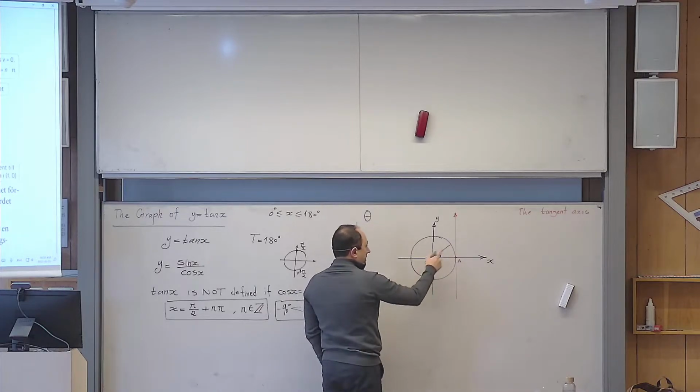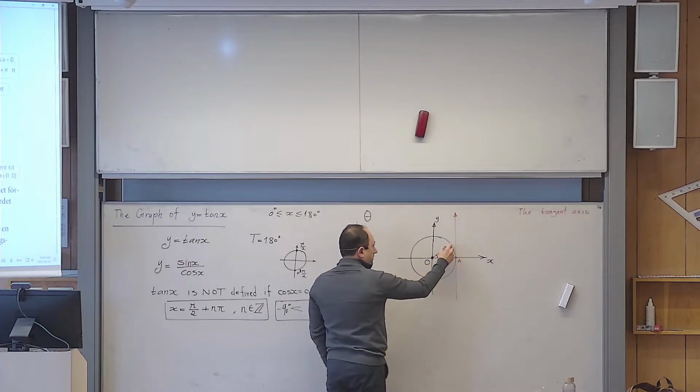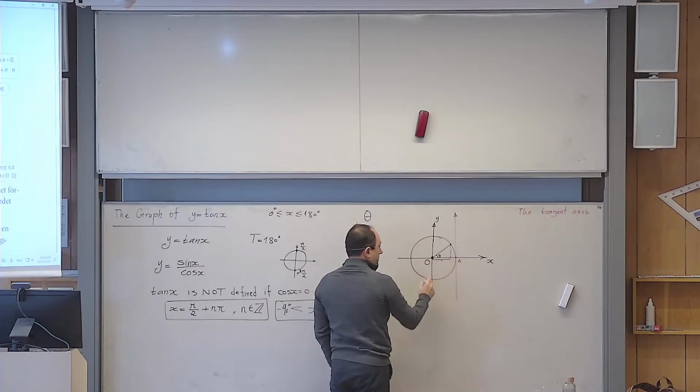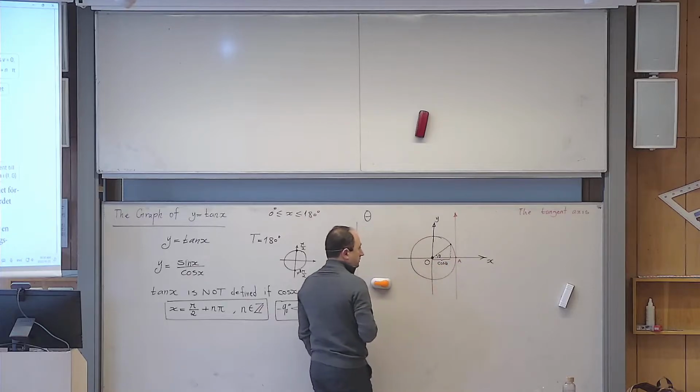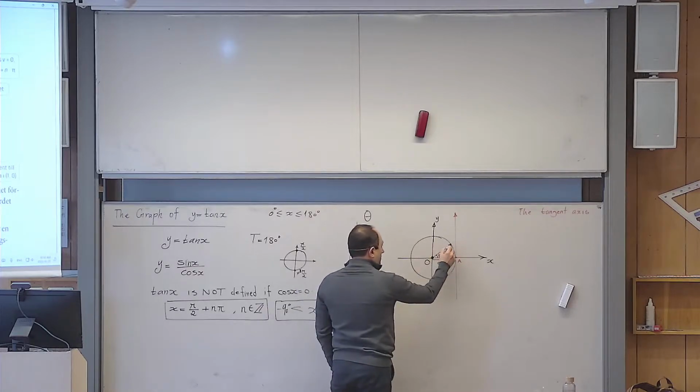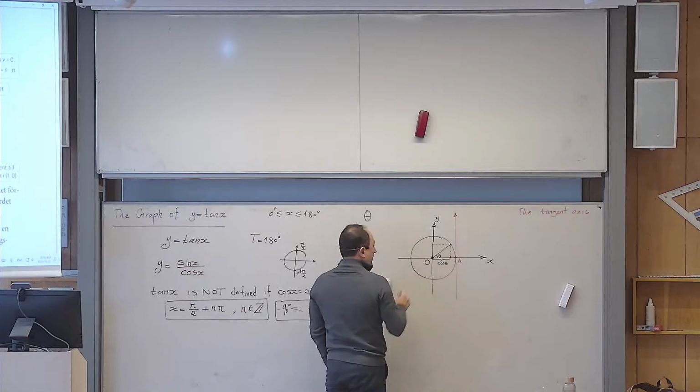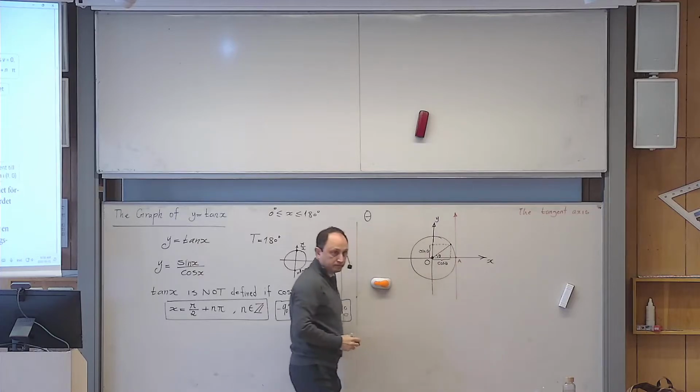If I ask you about the cosine of this angle, you will look at the end point and then read the x-coordinate. So from here to here, if I ask you what is that, that is exactly equal to cosine theta. And if I do the projection on the y-axis, if I ask you what is this length, you would say this is the y-coordinate of this point, so that is nothing except sine theta.